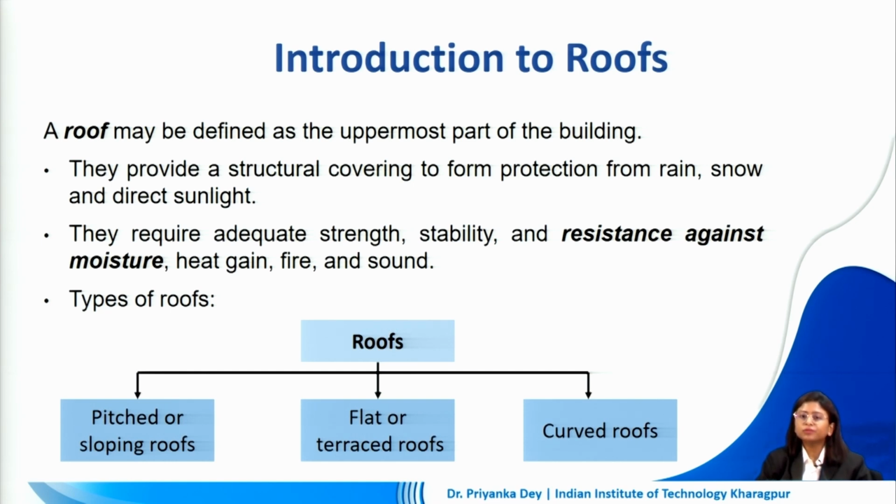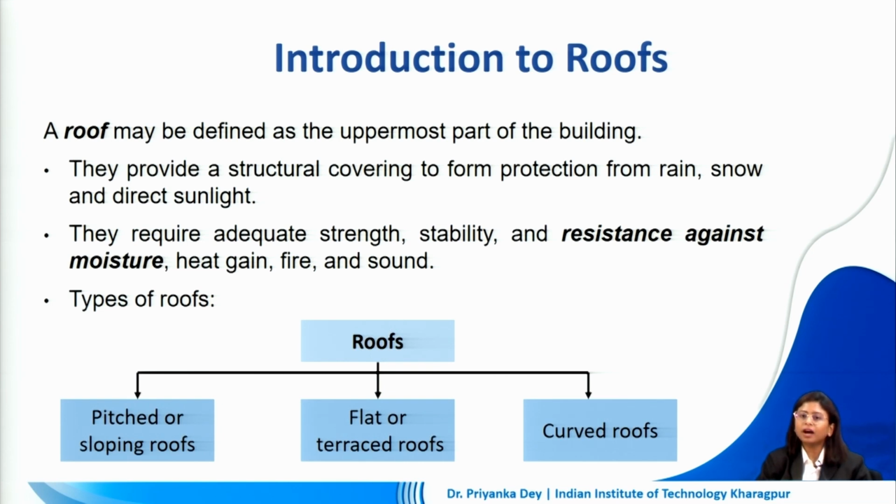The different types of roofs that we can have include pitched or sloping roofs, flat or terraced roofs and curved roofs. So in today's lecture, though we've already studied different types of roofs that are possible in our buildings, we are going to pay special attention to flat or terraced roofs.